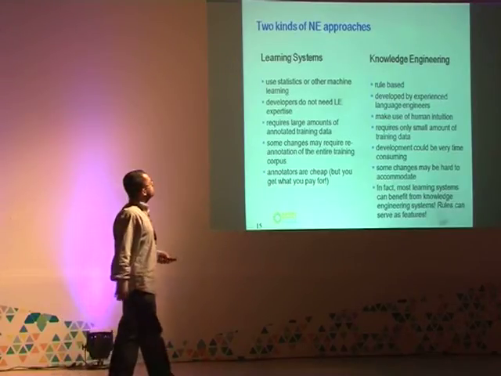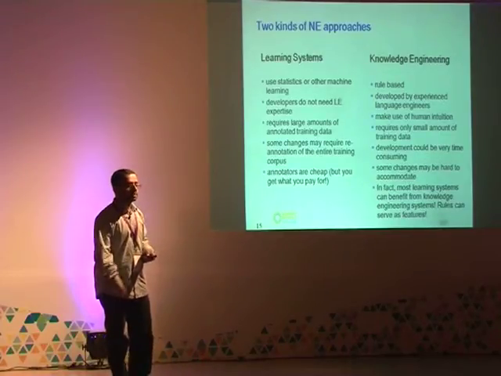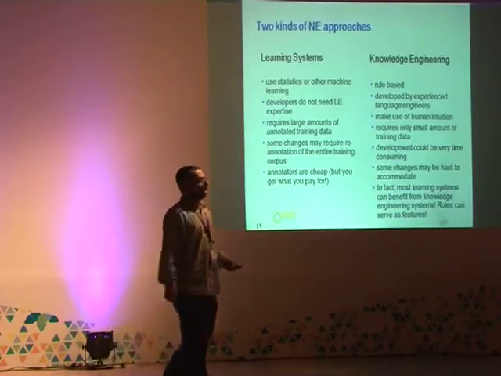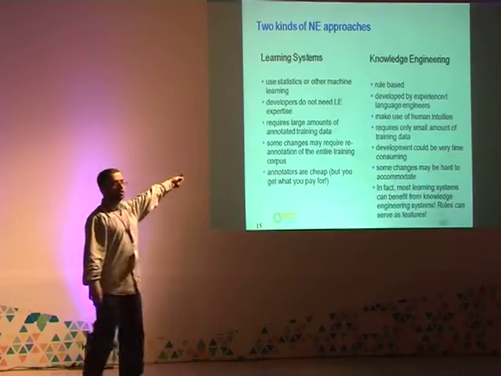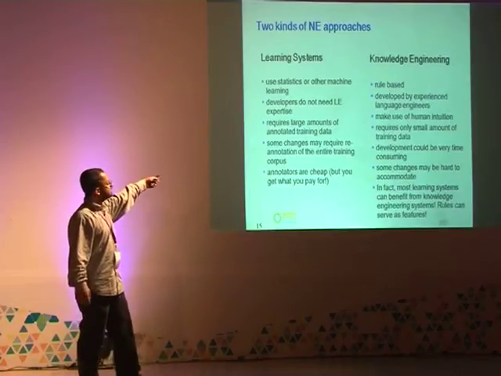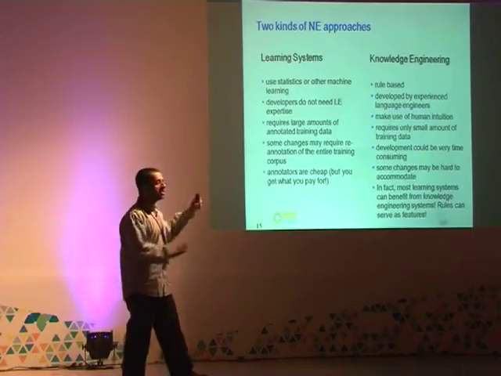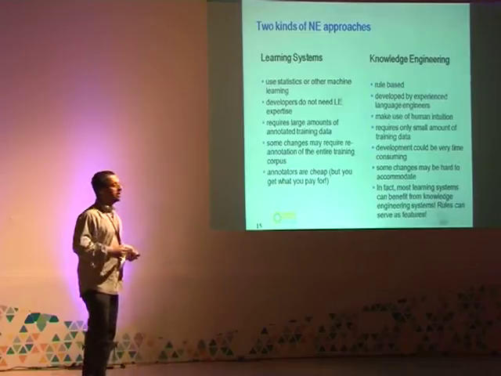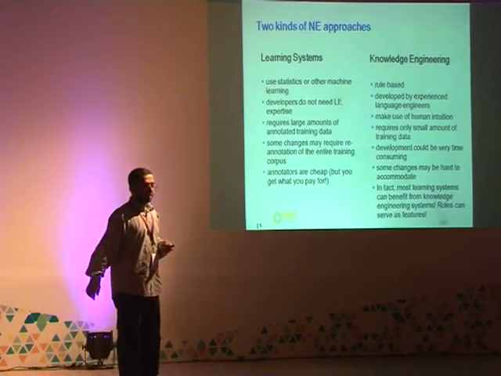The other approach is knowledge engineering, rule based, developed by experienced language engineers, making use of human intuition. There are also several learning systems which learn rules. So learning systems could learn probabilistic models, could also learn rules, but in knowledge engineering the focus is primarily on incorporating the expertise of experienced language engineers.